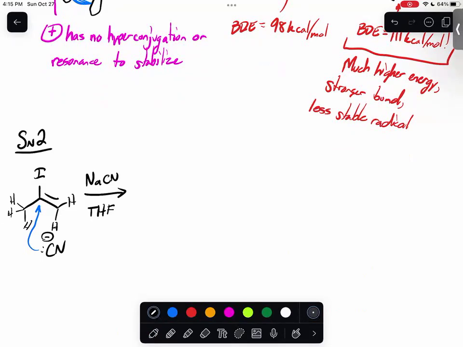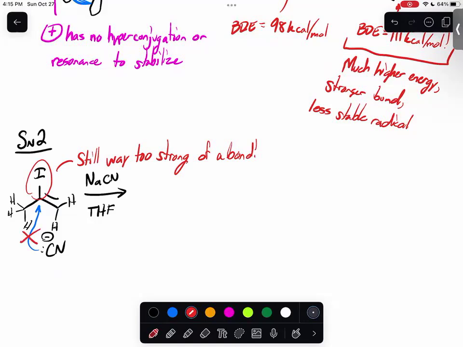The main thing is just this bond is still way too strong. So essentially, what this means is that the slightly increased sterics increases the activation energy enough to where this super strong bond you can't do SN2 on.